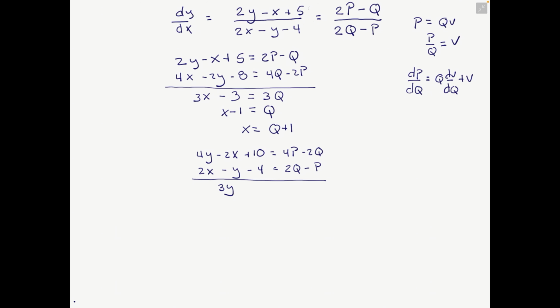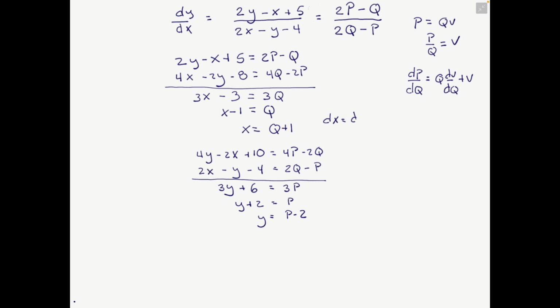We've got 3y plus 6 equals, the q's cancel, and we got 3p. So this is y plus 2 equals p, and y equals p minus 2.